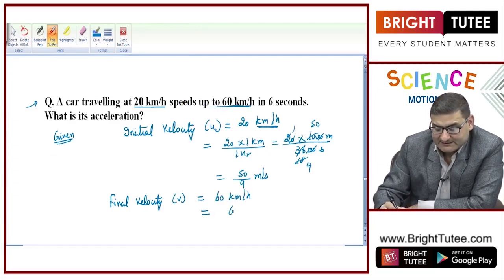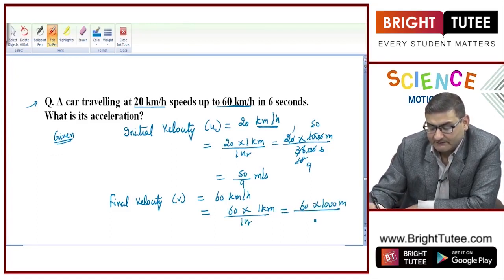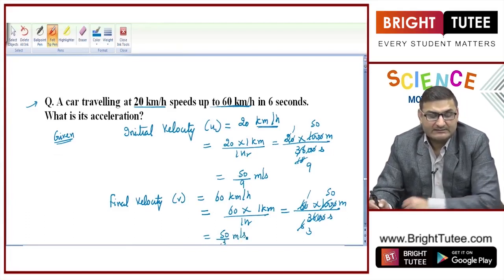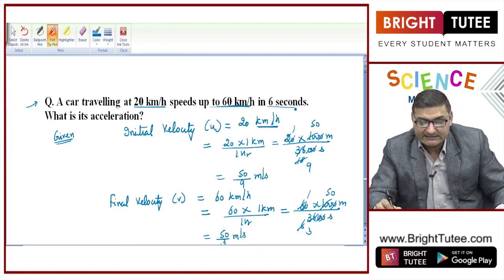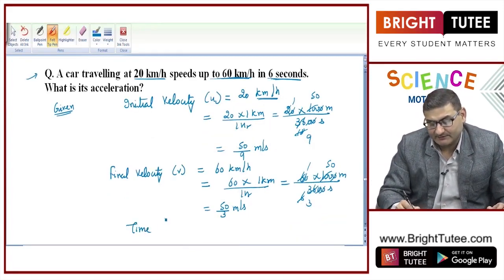Again converting it, 60 multiplied by 1 kilometer divided by 1 hour, which can be written as 60 multiplied by 1000 meters divided by 3600 seconds. Cancelling the zeros, I will get 50 by 3 meter per second. This is the final velocity and this is in 6 seconds. So, the time is given to me to be 6 seconds.